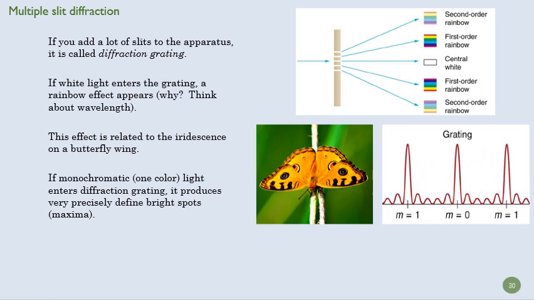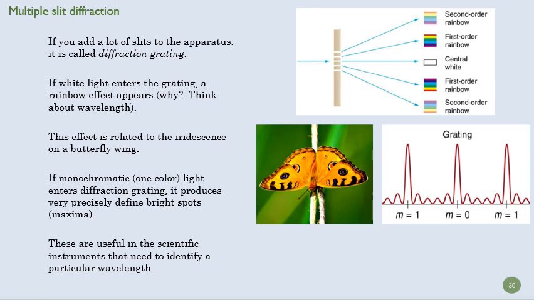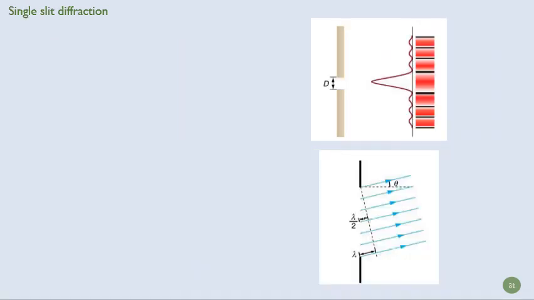Now, of course, if we did different colors, the red might have a peak here, the blue might have a peak here, and the indigo might have a peak here, and that's why you'd get that. So these are useful for scientific analysis of waves, which is important in a lot of different fields.